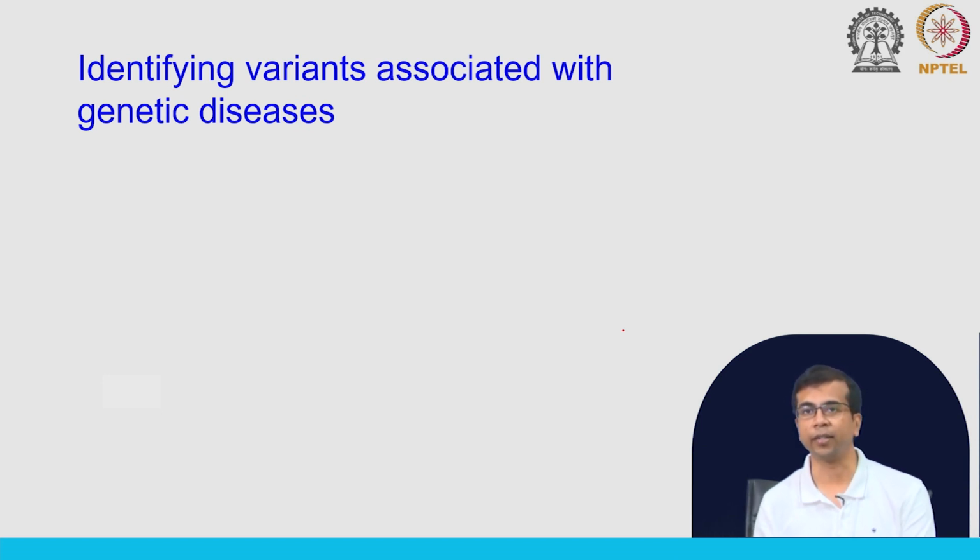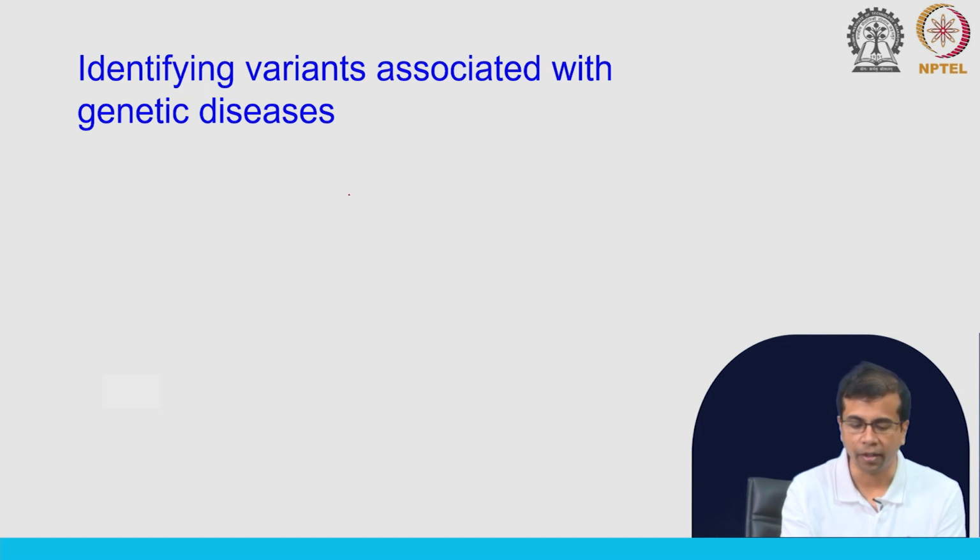There are several genetic diseases for which we know that different types of mutations in certain genes are responsible. So, by analyzing these variants, we can associate some of these variants with genetic disease. We can imagine a situation where you have specific variants associated with a disease.